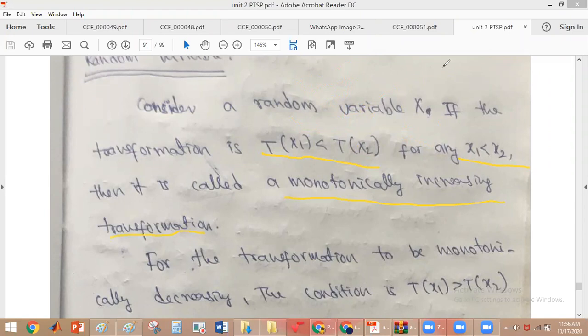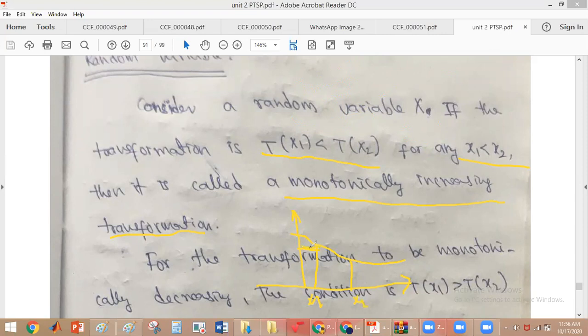Similarly, here we have a function like this. Whatever I'm drawing here, just check this function. If you take two values here, say x1 is this and x2 is here, the x1 value is again less than the x2 value.